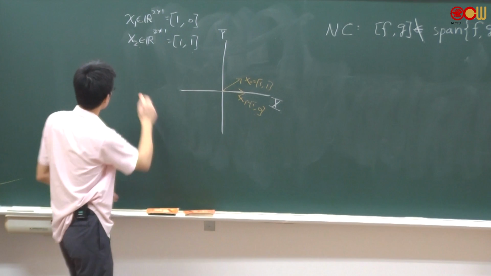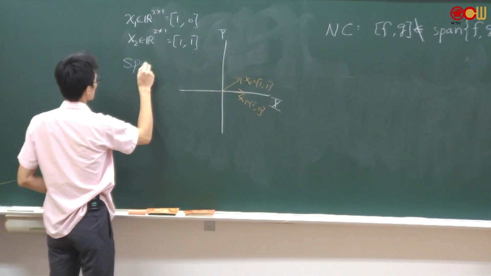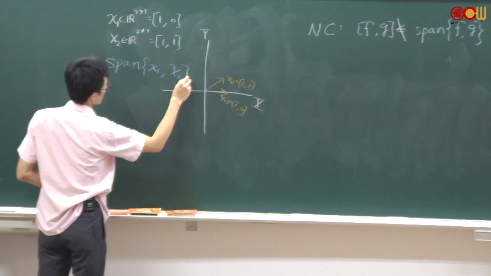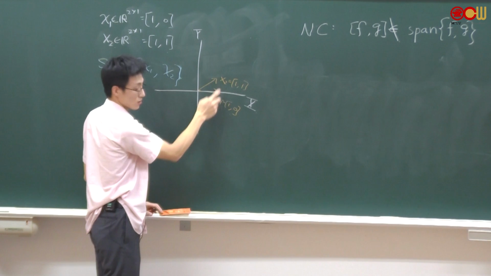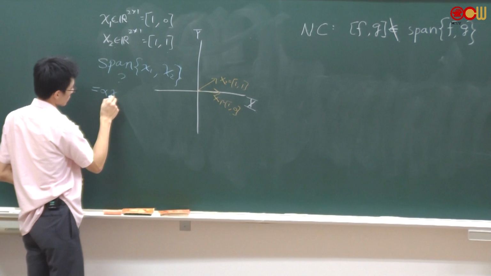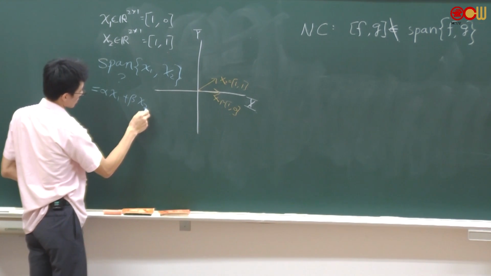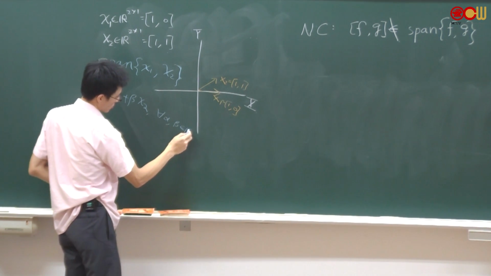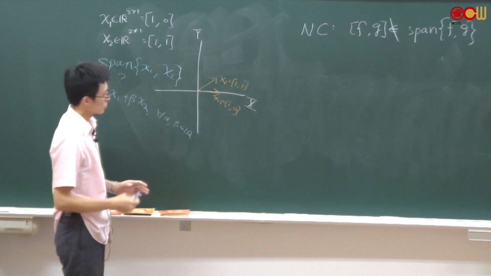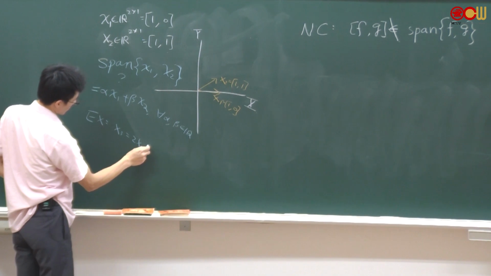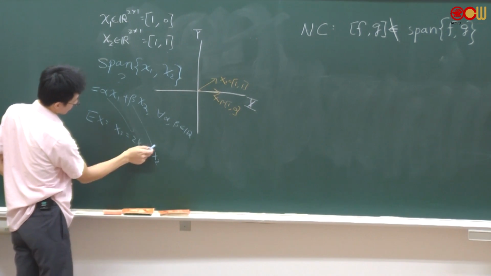Okay. What is span of x1 and x2? It's a linear combination of these two. Otherwise it's equal to alpha times x1 plus beta times x2 for any alpha, beta belonging to the real numbers. Okay, linear combinations. For example, x3 is 2x1 plus 3x2. Okay, alpha is 2, beta is 3.